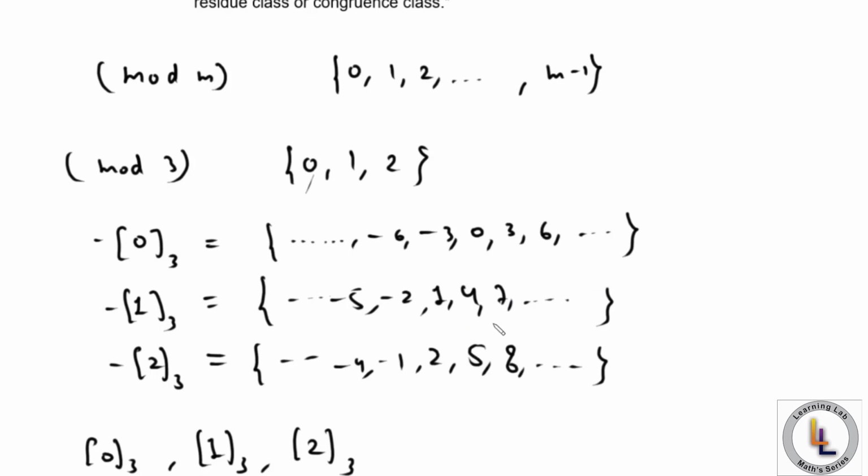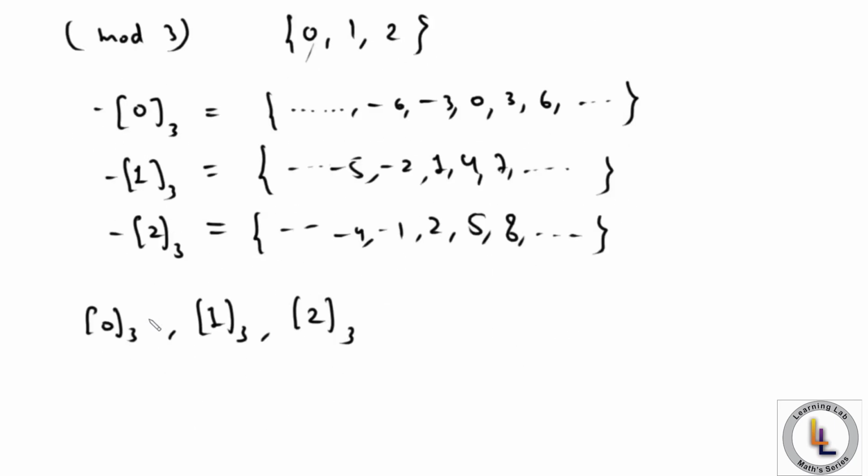These are all equivalent as well. So for any given modulo m, we have exactly m distinct residue classes. Also notice that a residue class contains an unlimited number of elements. In this set we have infinitely many elements, and similarly in this class also.